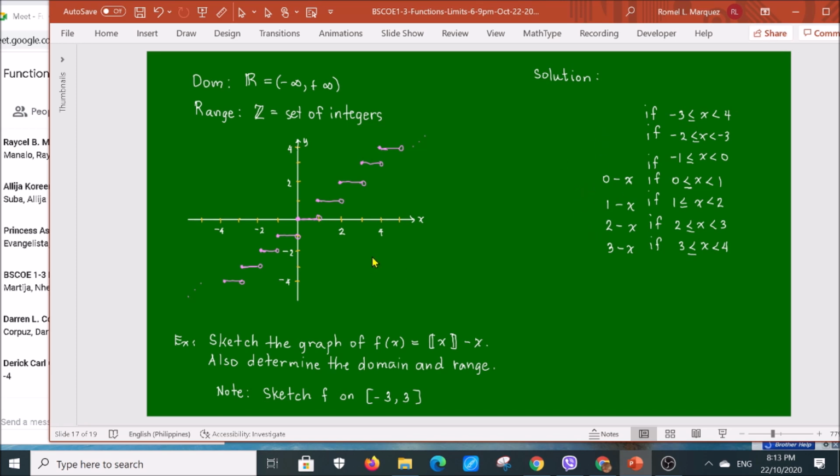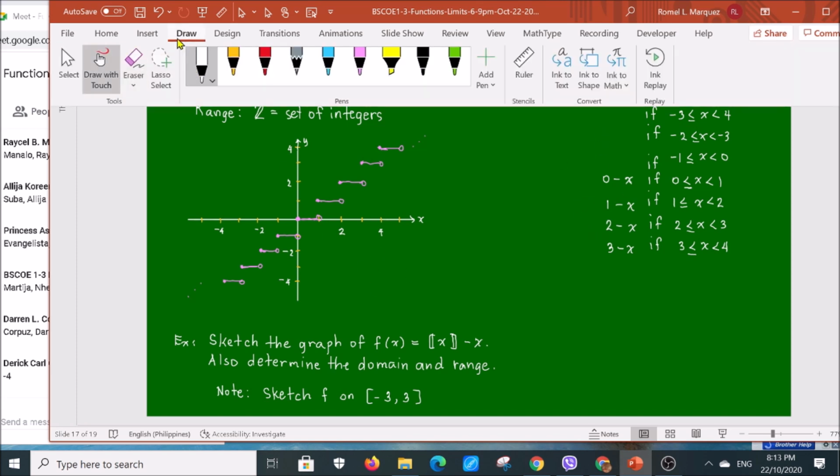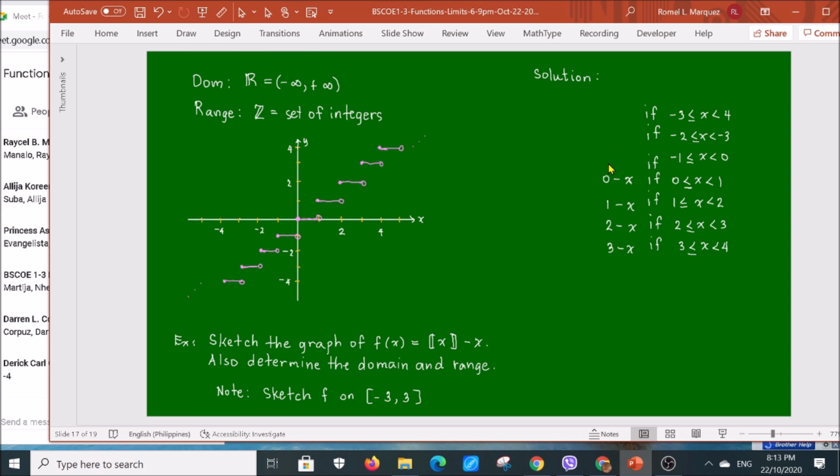Okay. So let's now get the equation, the formula for that. So this is negative 1. You see the trend? Negative 1 minus x. So here, negative 2 minus x. What about here? Negative 3 minus x. These are all segments, no?